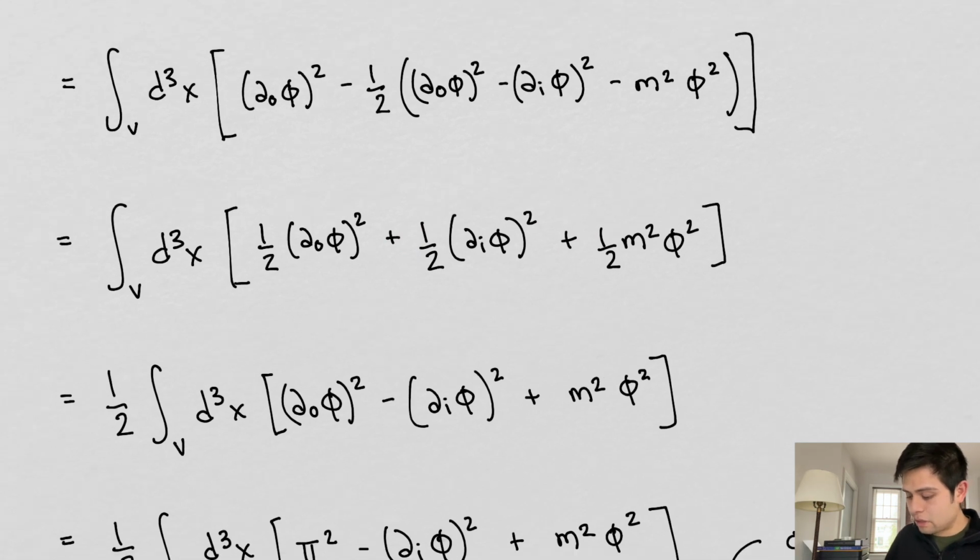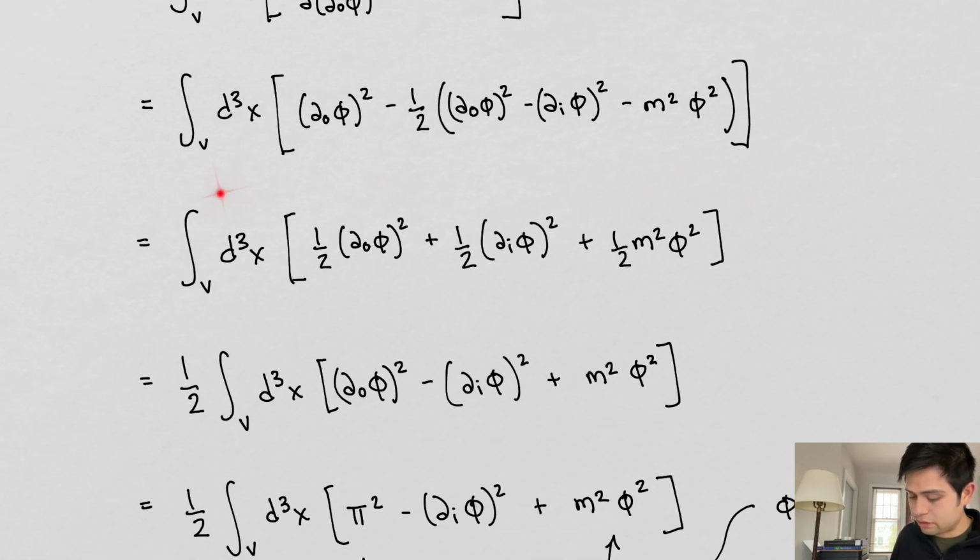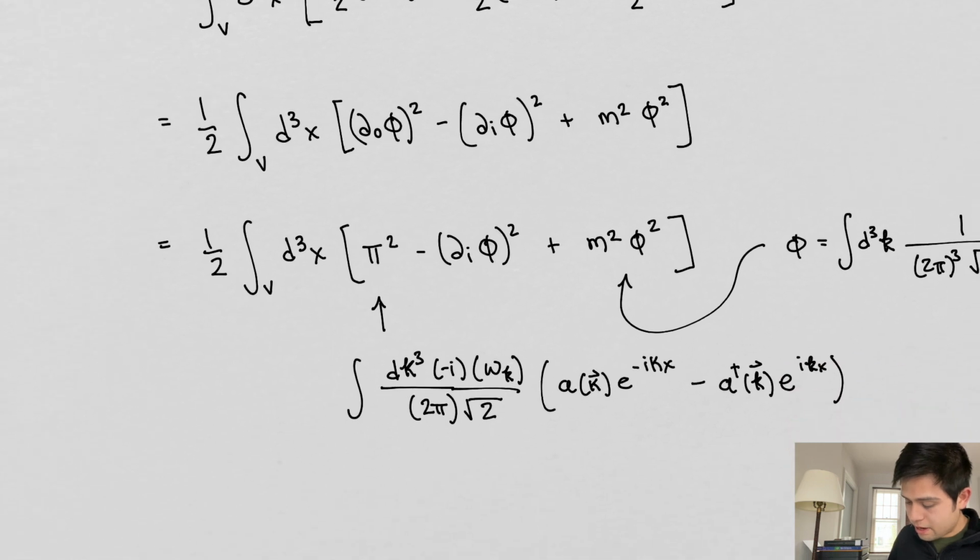So in the end, we have something that looks like this. We can now take the 1/2 out, which is all we're doing here. Then this here was our conjugate field relationship, so we put that right here. And we have the same thing here, and the same thing right here.